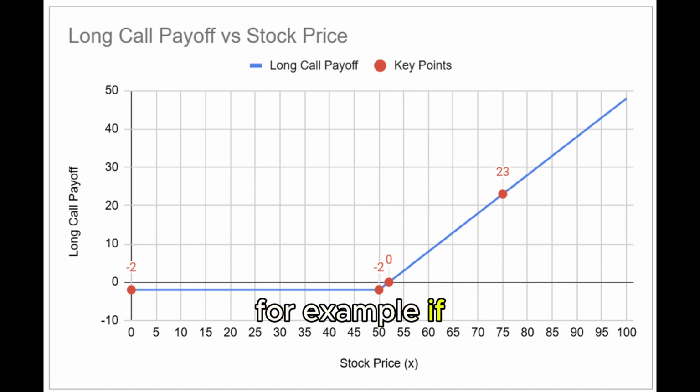For example, if the stock price rises to $75, your option has $25 intrinsic value. After subtracting the $2 you paid for the premium, your net profit is $23. Whilst this is less profit than if you had simply bought 1 share of the stock outright, your key advantage is that your downside was strictly limited to the initial $2 you paid.